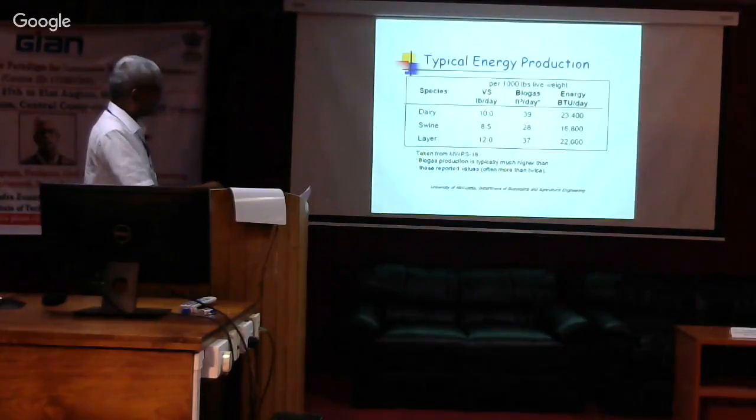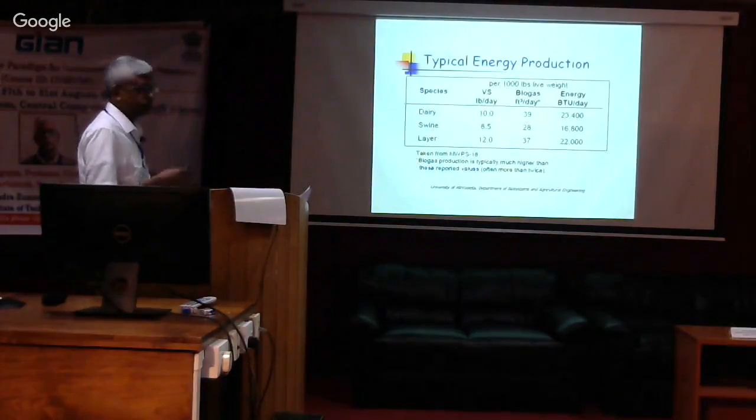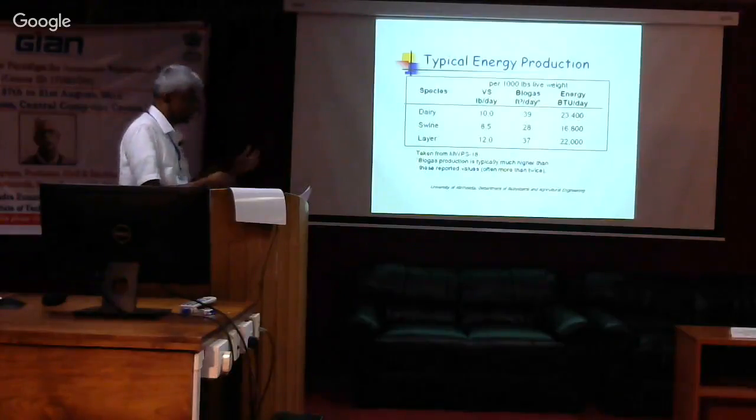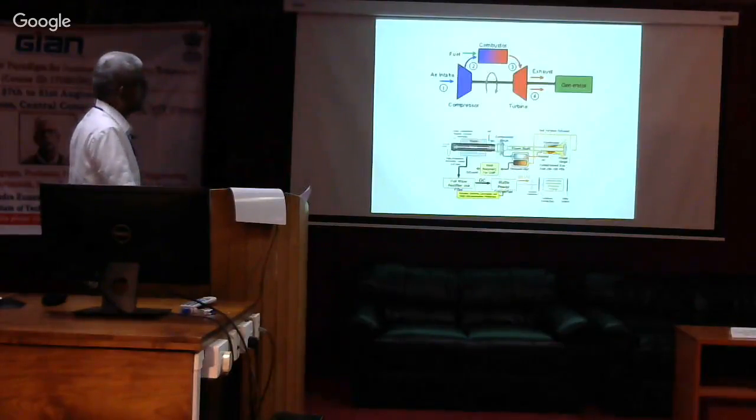And these are very conservative values. As you see, it says biogas production is typically much higher. And I will give you some values which we have seen in our lab, which are much higher.